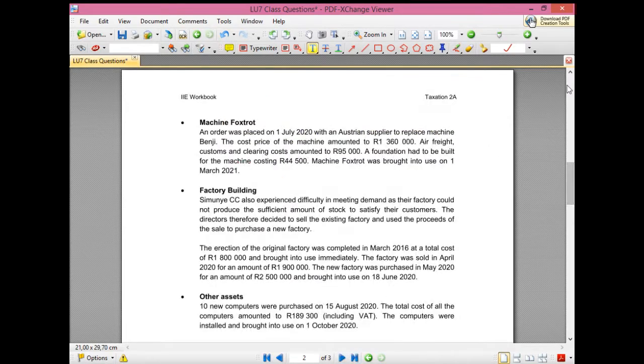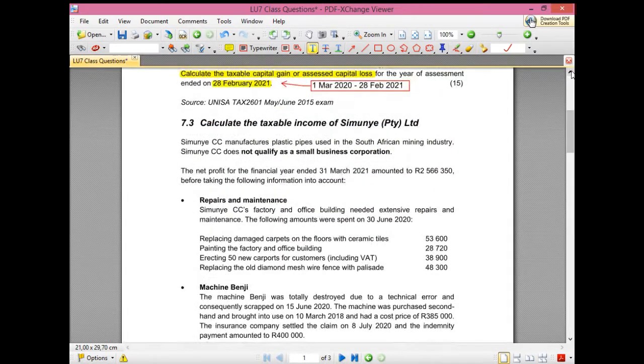Okay, so then if we scroll up, let's see what information do they give us. Okay, so they tell you we manufacture plastic pipes. So remember, if we are a manufacturing company and we are not a small business corporation, that would mean that the Section 12C allowance would be applicable. Now, what that means is that 40%, 20%, 20%, 20% that you deduct.